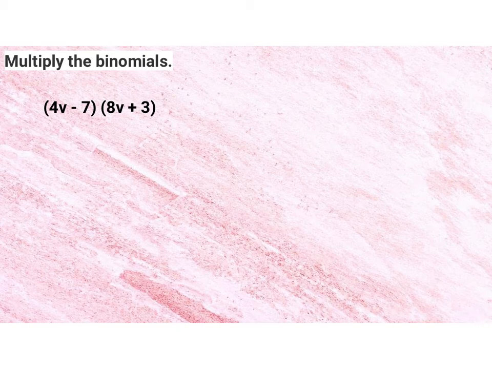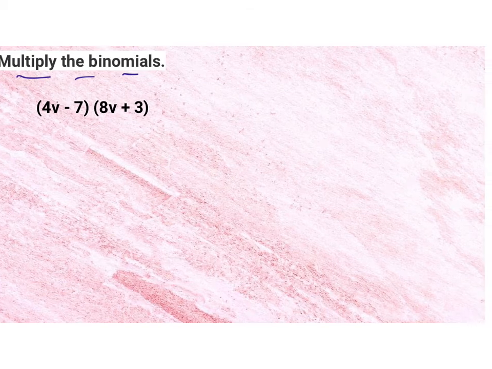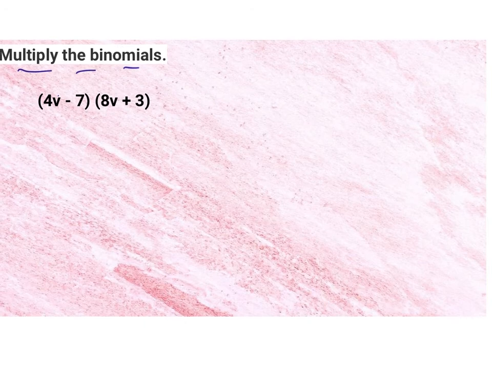Okay, for the next problem, we're going to be distributing the 4v minus 7 and multiplying it by 8v plus 3. So we're going to be multiplying the binomials. You can also think of this as FOIL. So we're going to go ahead and multiply our first times first terms. And so that's going to be 32v squared.